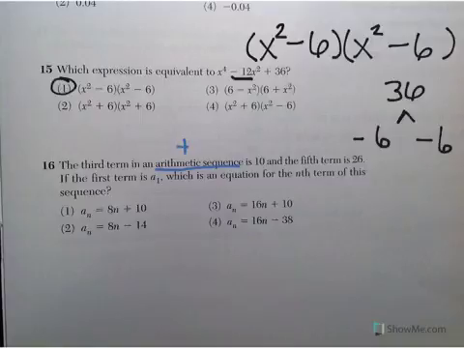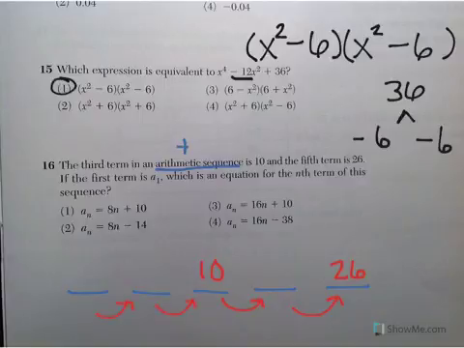So if I have 5 terms, so I'll just do 5 spaces, and I know that the third term is 10, and that the fifth term is 26, I need to figure out what I am going to add each time in order to get to the next term.